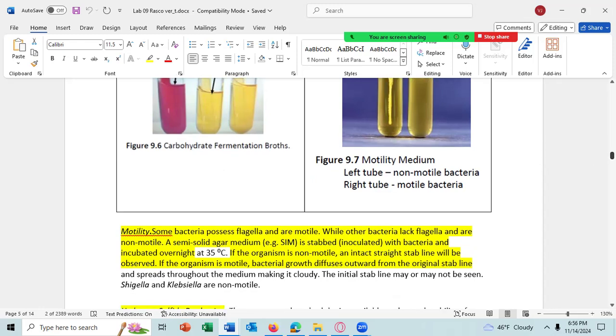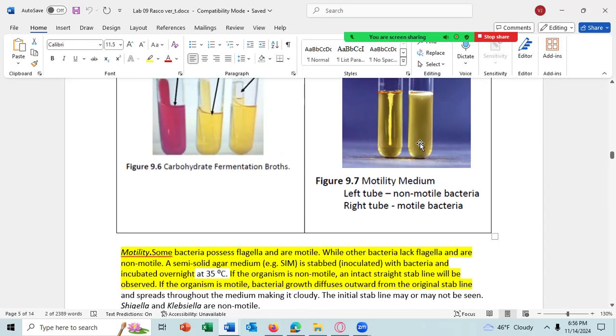The motility test uses a semi-solid media, very low agar concentration, so that you have a semi-solid agar, but you stab inoculate. And if the bacteria only grow in the stab, then the bacteria is not motile.